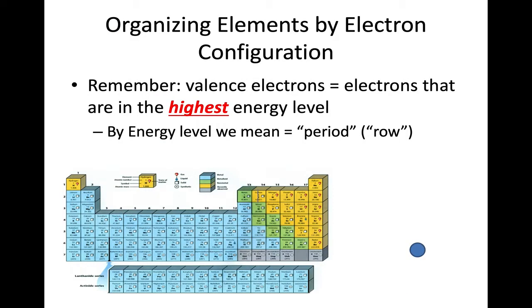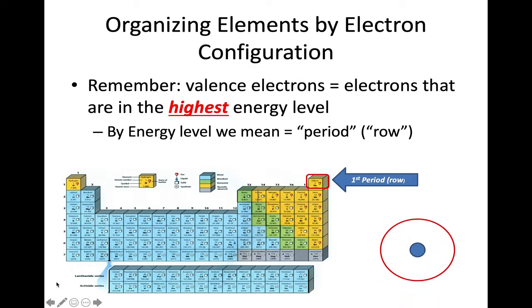And also remember the valence electrons, those are the electrons in the highest energy level within a given atom. And by energy level, I mean period or row on the periodic table. Helium, along with hydrogen, is on the first row, or first period. Helium has 2 protons and 2 neutrons in its nucleus, but we're looking at the electrons now.